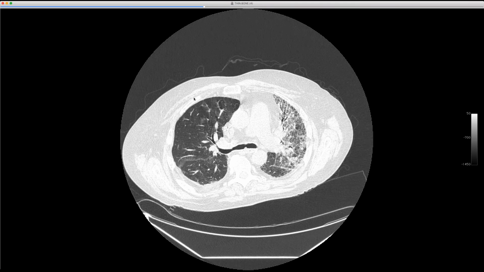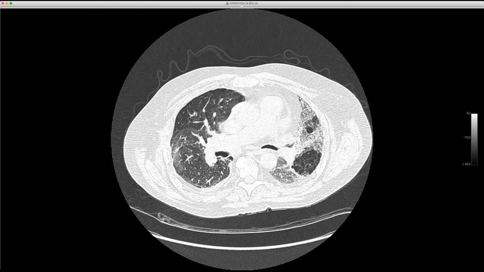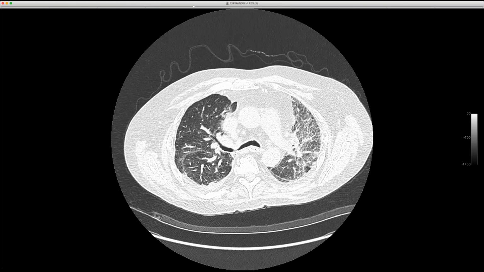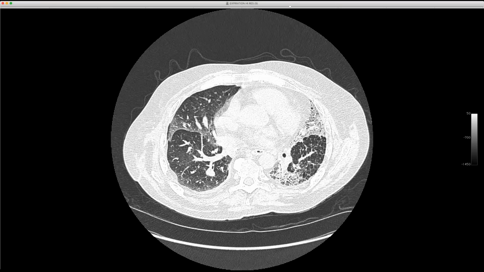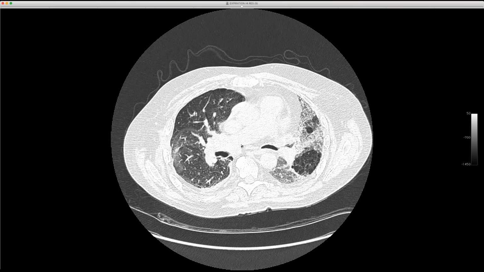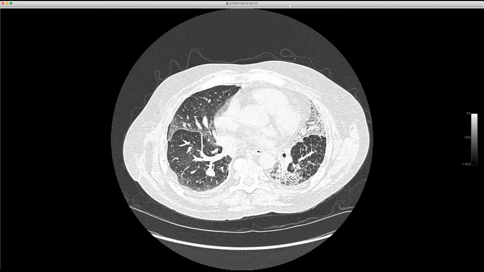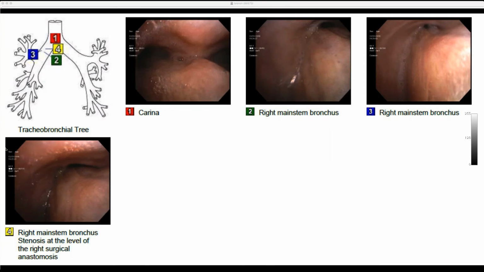But we did do some expiratory images. We do them routinely on our transplants. And what I thought was kind of interesting is it looked to me like there was almost global air trapping. It didn't look very expiratory on the side, but you look at the airways, clearly it's an expiratory CT. So I think there was more of a global air trapping that was hard to see, so not at the lobular level. And then here are the bronch images pre-stent, and you can see just how tight it was in there.